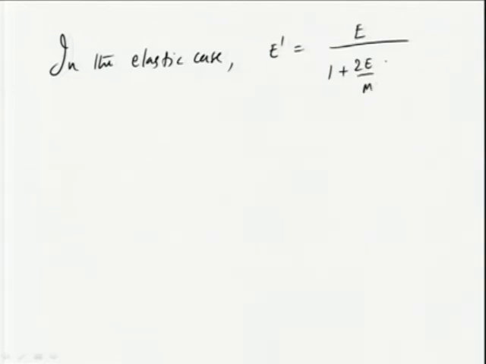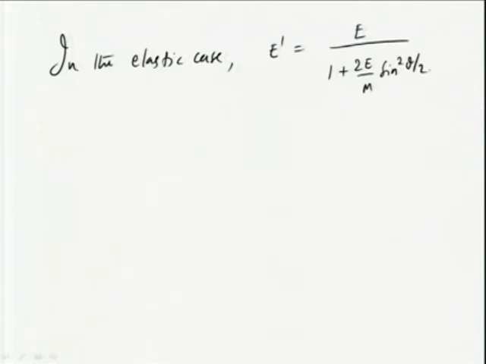Let us look at the electron energy in the elastic case. We said E prime is equal to E divided by 1 plus 2E over m sin square theta by 2.